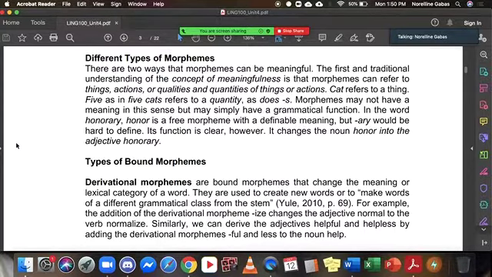Station, station is a noun. Stationary. It's fixed there. Station is hindi naman gumagalaw, di ba? Where's your station? I'm stationed in the front of police.